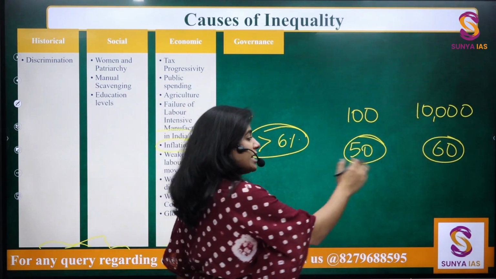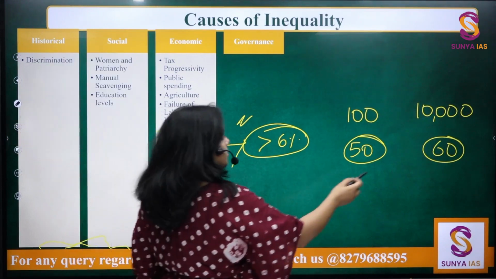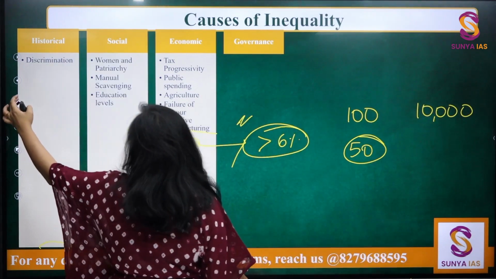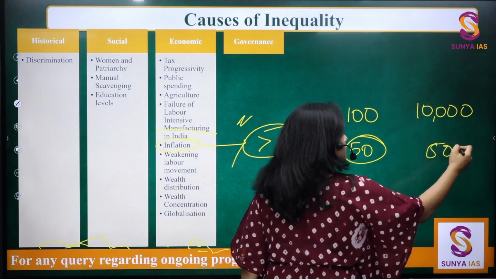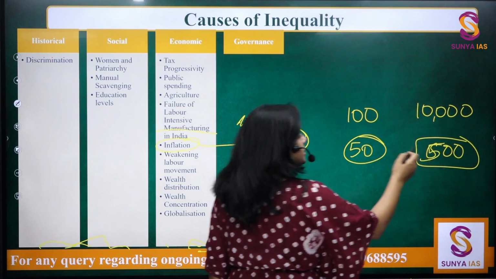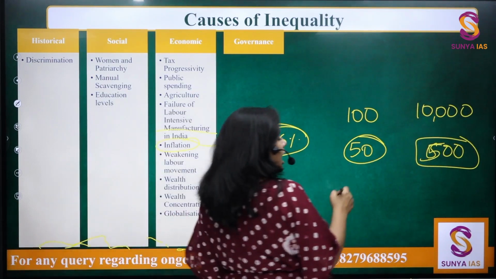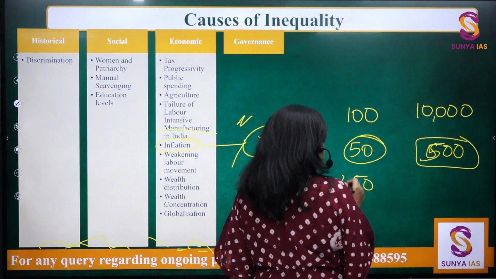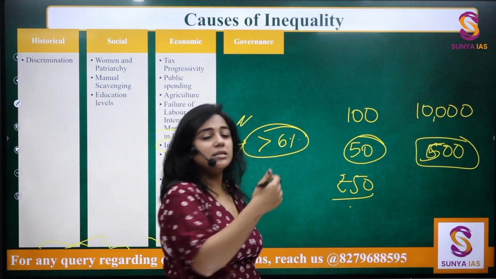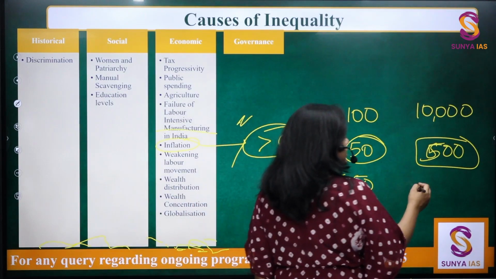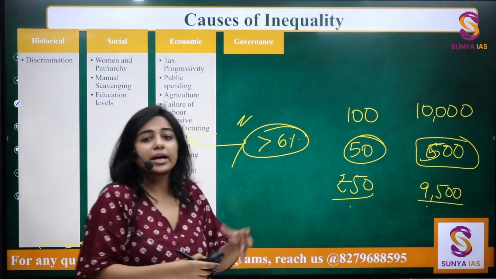Let's say even if this person somehow ends up spending 500 rupees, that is 10x of what I am spending. Even then, I am left with just rupees 50 to spend on rest of my needs, and here this person is left with 9,500 rupees to spend on rest of their needs.